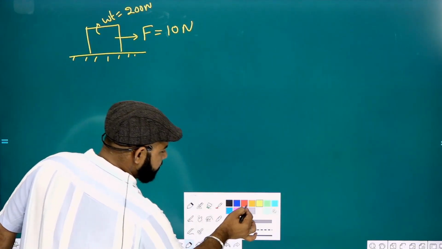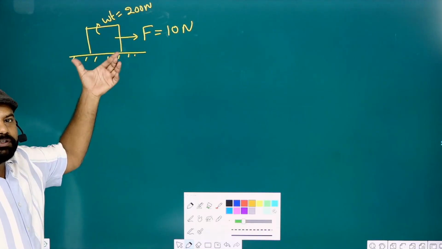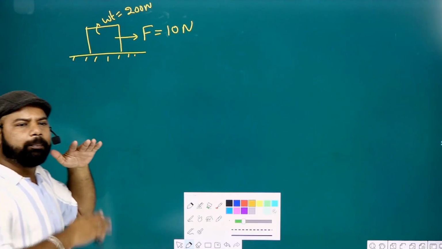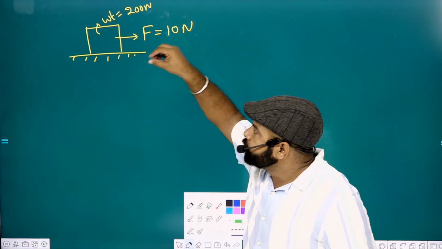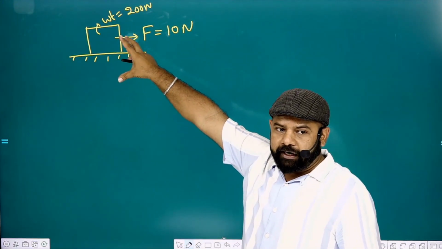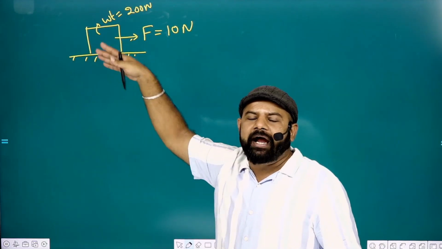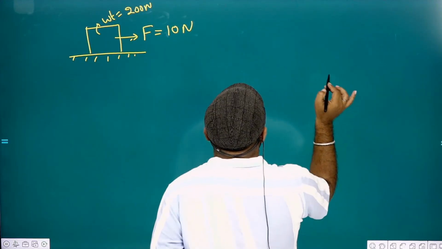So just to understand this, let us first visualize the contact between these two surfaces. Here, these surfaces appear to be plain or smooth, right? But if we zoom in on this contact, or we can say if we see the contact between the block and the surface at a microscopic level, then it would be like this.